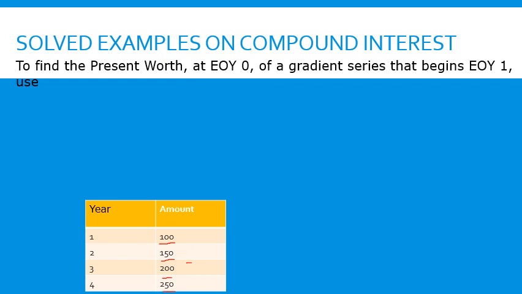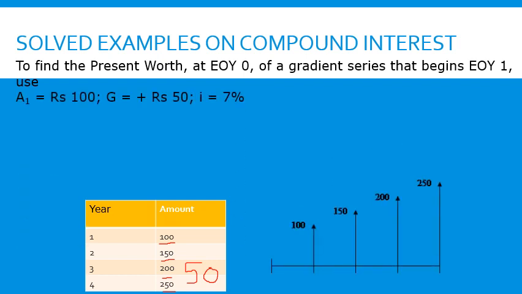Every year the amount is increasing by rupees 50, and hence the arithmetic gradient amount can be treated as 50. A1 is the first year's flow, that is 100 rupees. G is the arithmetic gradient amount that is increasing year after year, that is rupees 50, and I is the rate of interest, that is 7%.